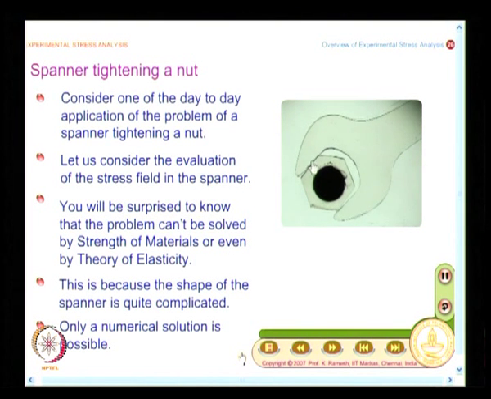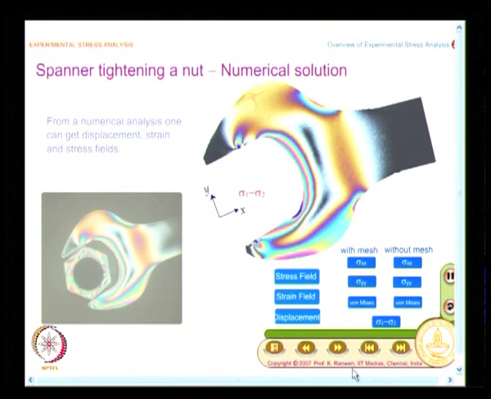This is primarily because the shape of the spanner is complicated and you cannot define the outer boundary in a convenient fashion for you to do a theory of elasticity solution. In this case, only a numerical solution is possible. I do not have a closed form expression, so I have to solve this problem numerically, and let us see how the numerical solution is.